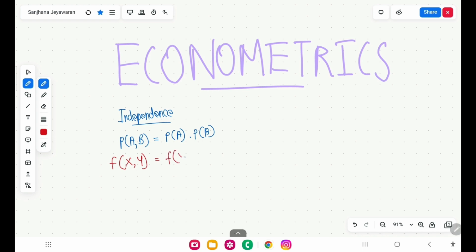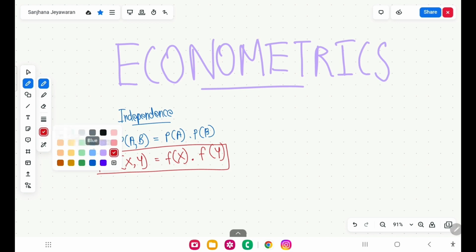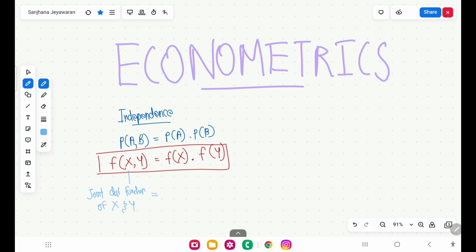So the joint distribution function of x and y is equal to the product of their marginal distribution functions: the marginal distribution function of x times the marginal distribution function of y.